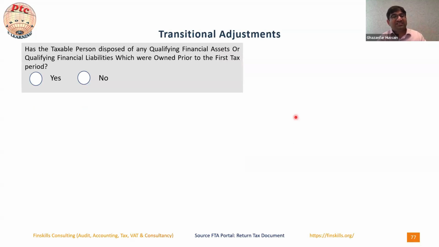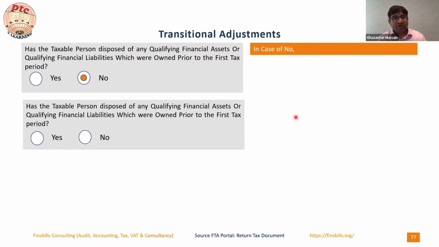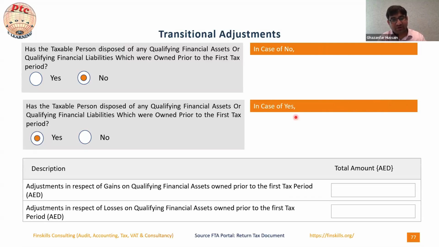Now the qualifying financial asset and the liability which are held prior to the first tax period. Again, if you offer no, there will be no further questionnaire. If you offer yes, the further questionnaire will be open. So mostly we have seen the asset prior gain and loss. These are the two common questions they will ask for the first tax period, prior to the first tax period.